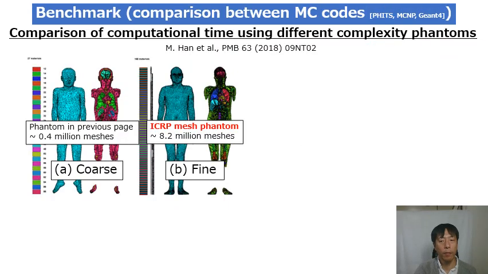We also compare the computation time between different Monte Carlo simulation codes. We use phantoms of different complexity to compare. One is a coarse mesh, which is the tetrahedral mesh phantom shown on the previous page, and the other is a fine mesh, which is the ICRP mesh phantom.